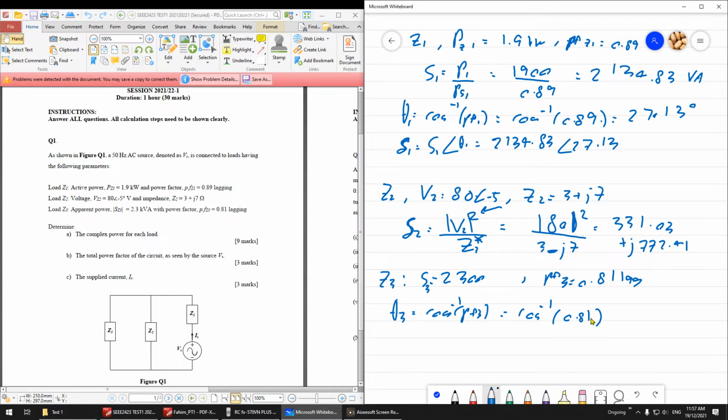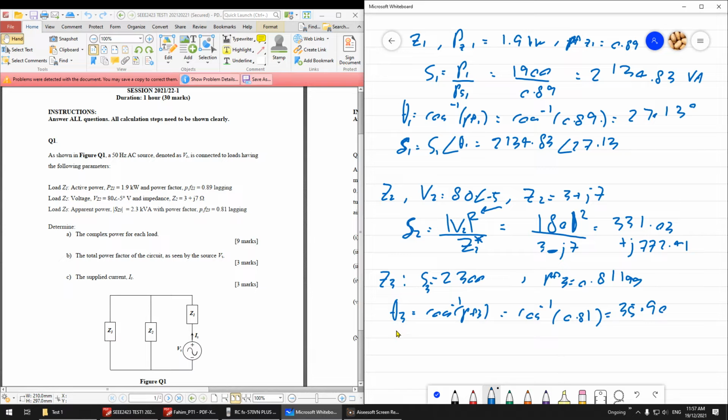For lagging you just leave it like that; if leading you have to put a negative. The answer is 35.90.